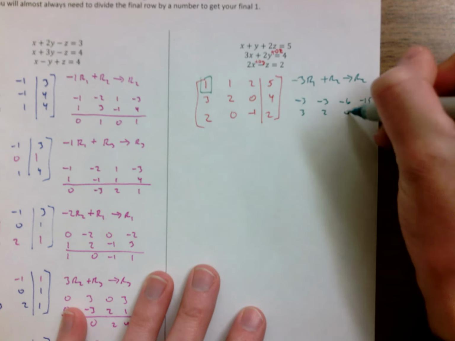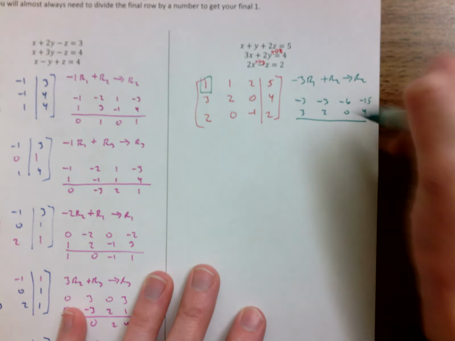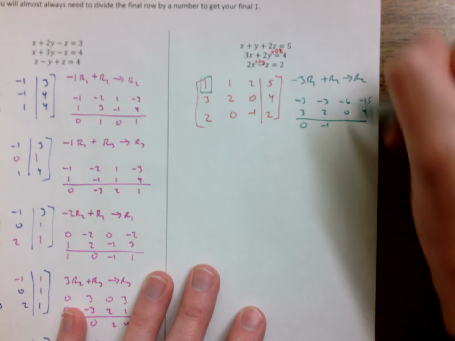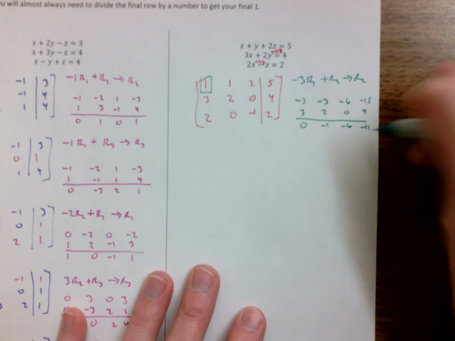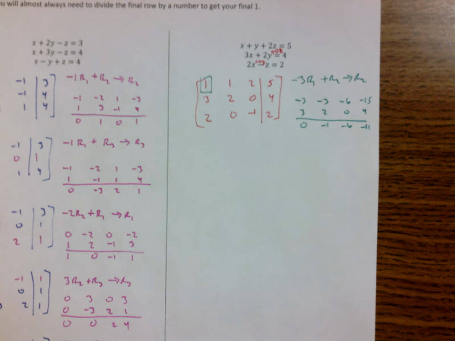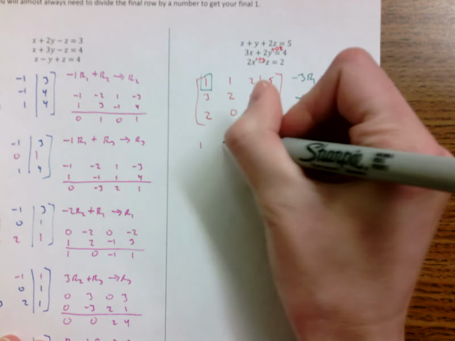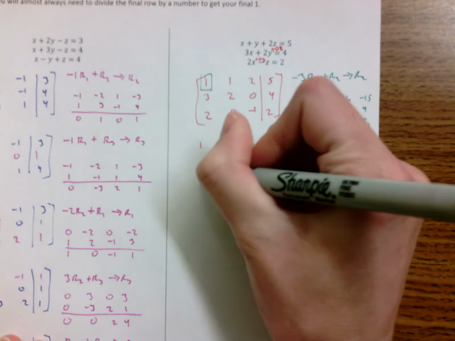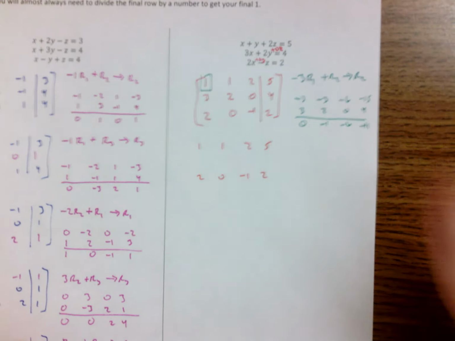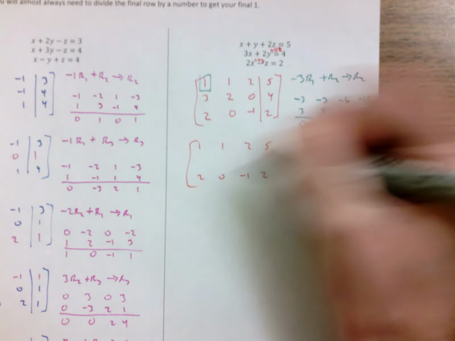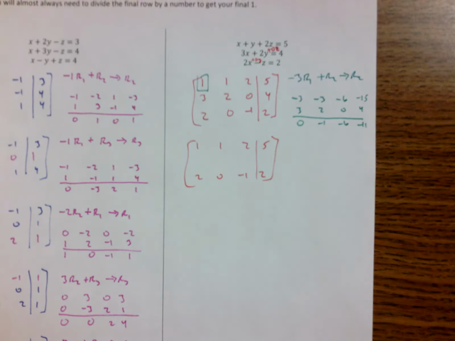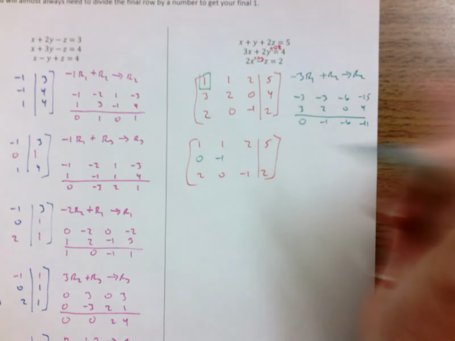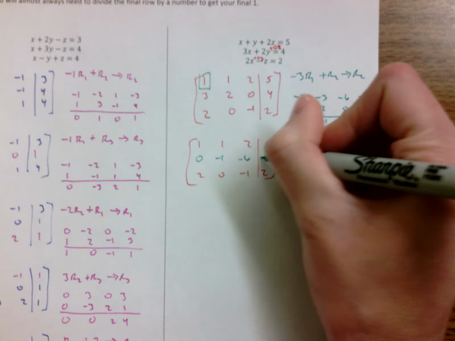Copying the next row with it, and when I add that together, that'll be 0, -1, -6, -11. The first row and the last row didn't change. And my new middle row is 0, -1, -6, -11.